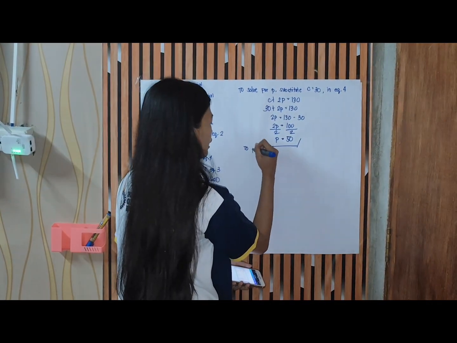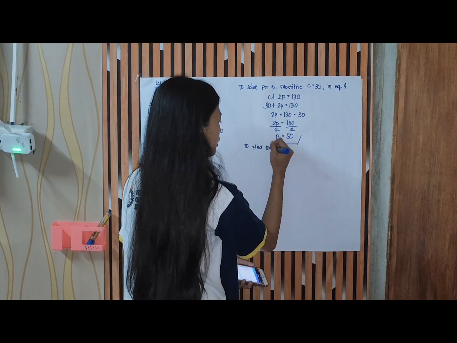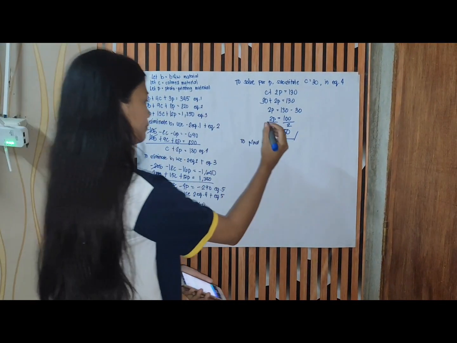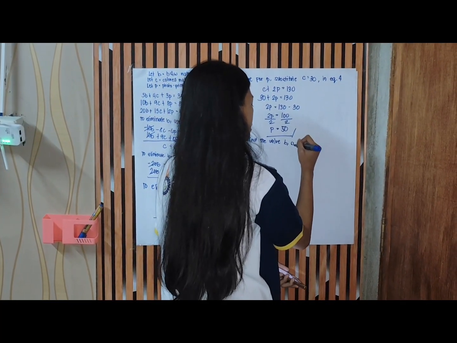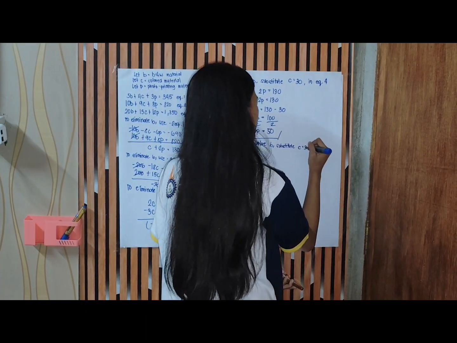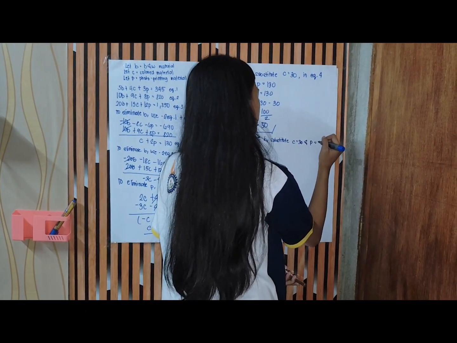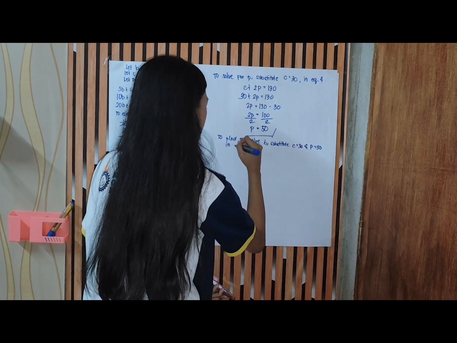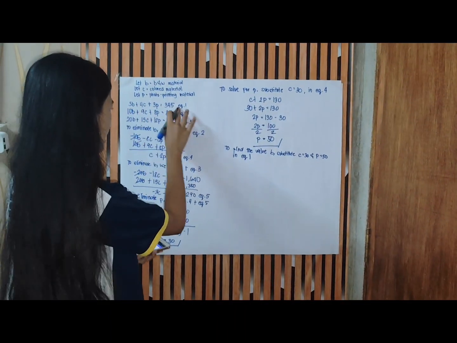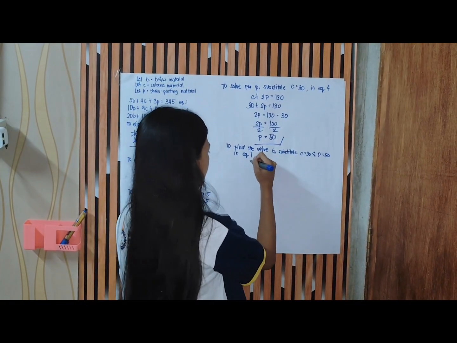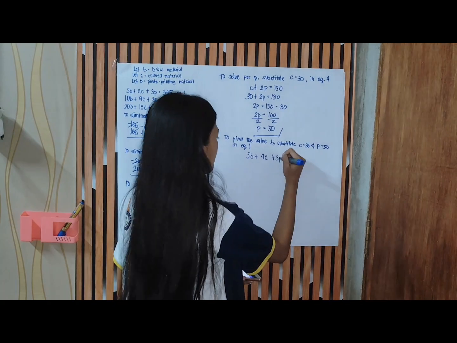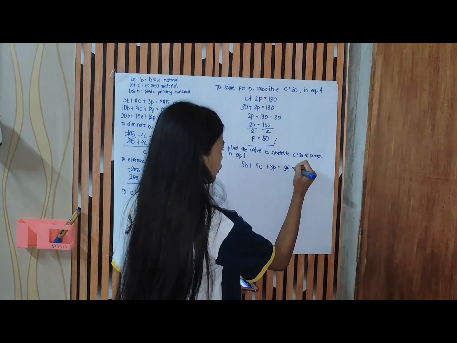So to find the value of b, substitute c is equal to 30 and p is equal to 50 in equation 1. So let's write this down. 5b plus 4c plus 3p is equal to 345.